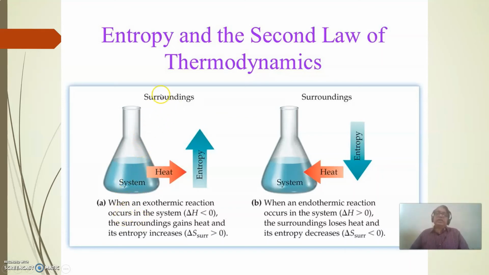So this is the surrounding. The flask you take is the system. Now there are two types of reactions: exothermic reaction and endothermic reaction. An exothermic reaction is one in which heat is produced. Whereas endothermic takes heat from the surrounding.